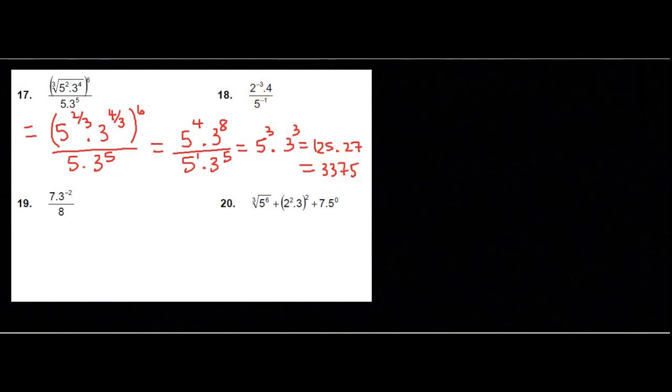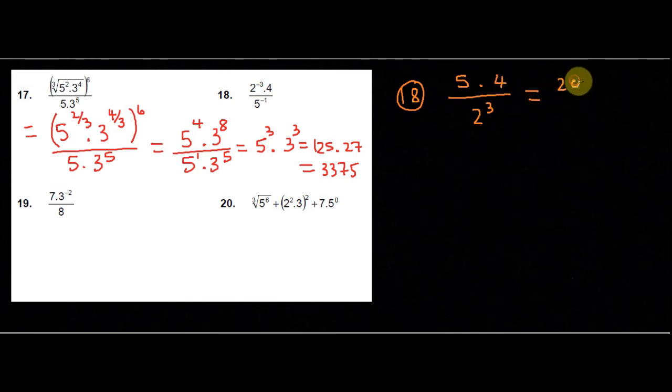I'm going to do number 18 over here. So we can take the 2 to the negative 3 to the denominator. The power becomes positive. And the 5 to the minus 1 we can take to the top. And it's just 5 to the 1 or 5. And then times 4.